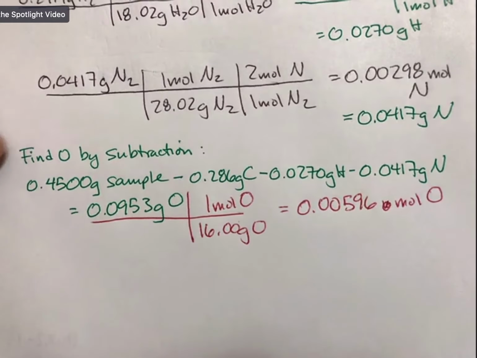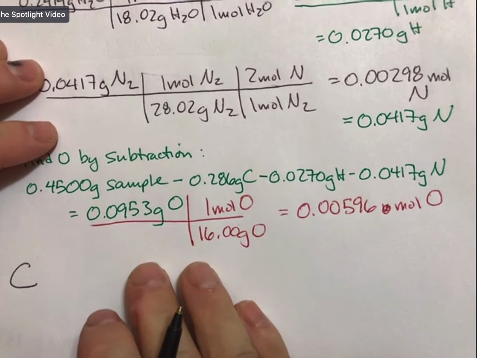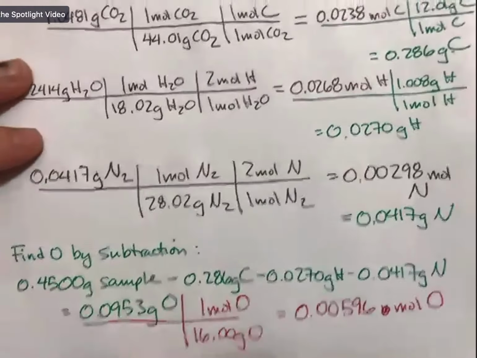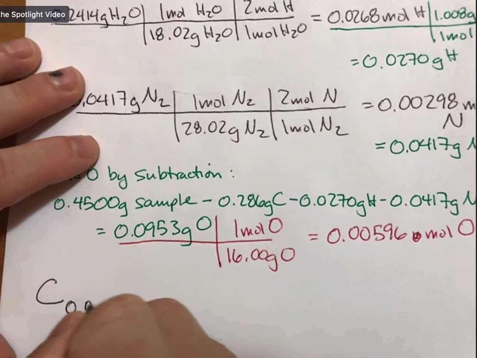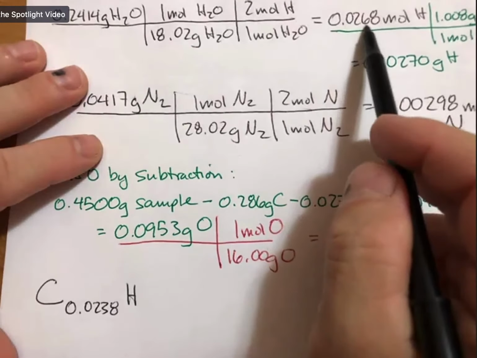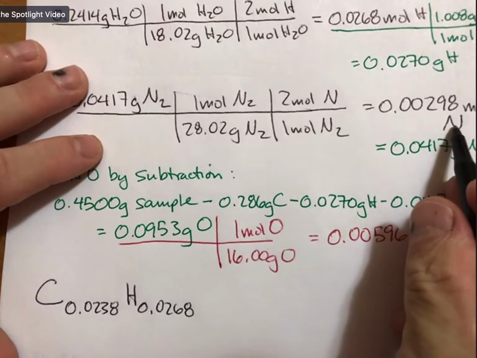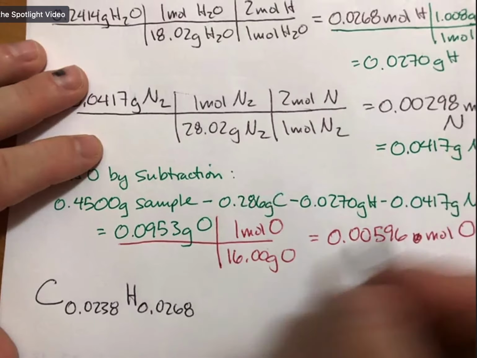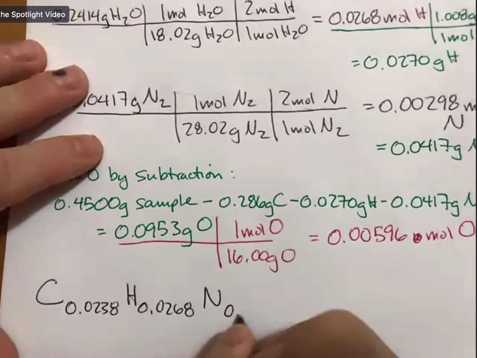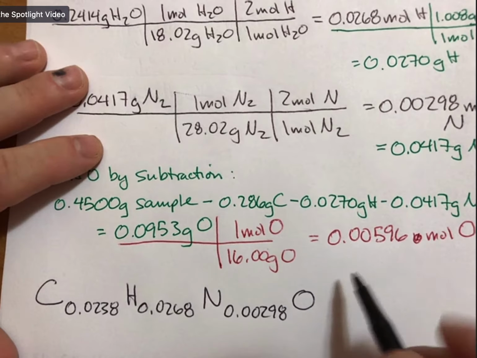And now I'm ready to write down all my moles of things. Again, you don't have to do it this way, but this helps keep me organized. So coming up to the top, I know my moles of carbon was 0.0238. My moles of hydrogen was 0.0268. My moles of nitrogen, 0.00298. And oxygen, 0.00596.